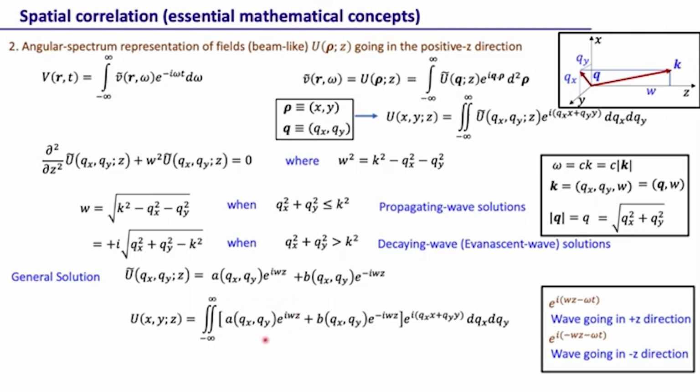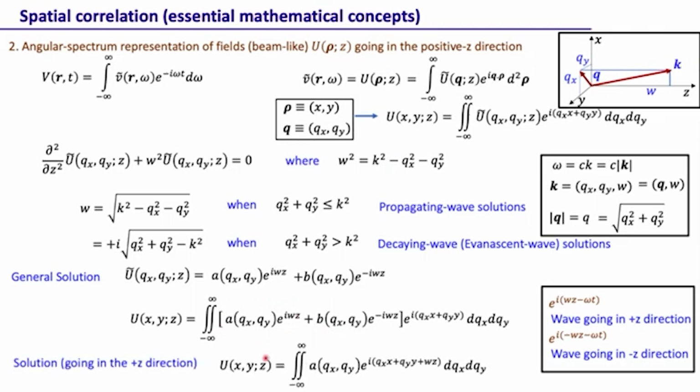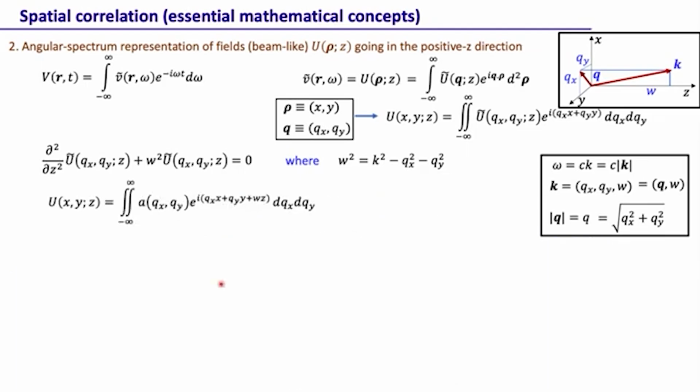So we'll just keep this term, and if we do that, then u(x, y, z) we can write like this: it's just A(qx, qy), the spatial frequency component, and then this term, integrated over dqx dqy. So again, u tilde satisfies this equation, and through the constraint on that equation, we find that u(x, y, z) has this kind of form.